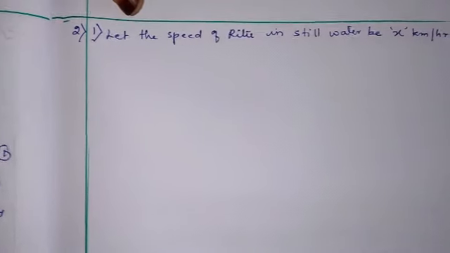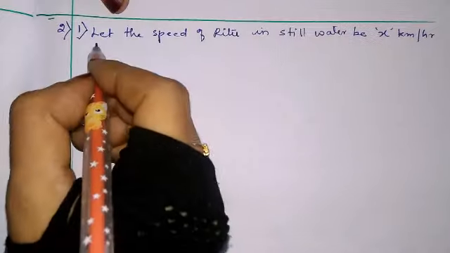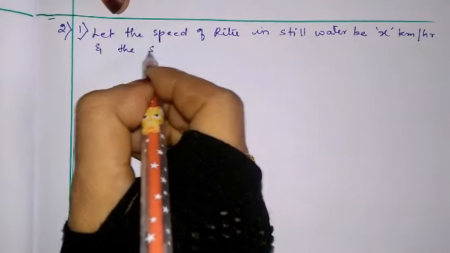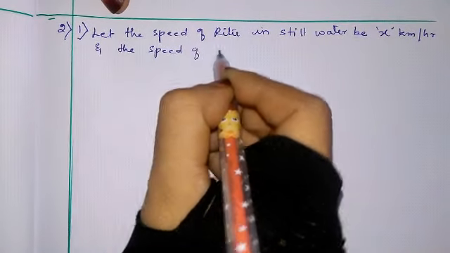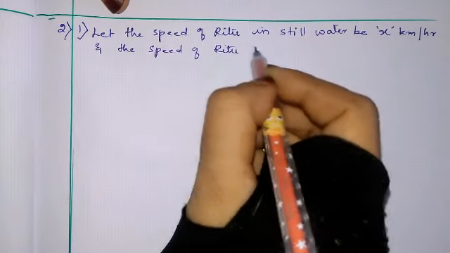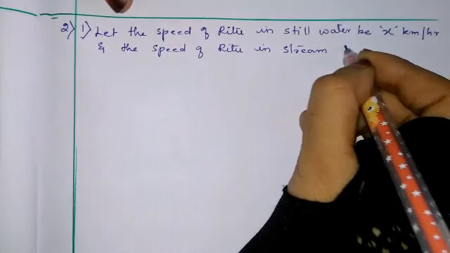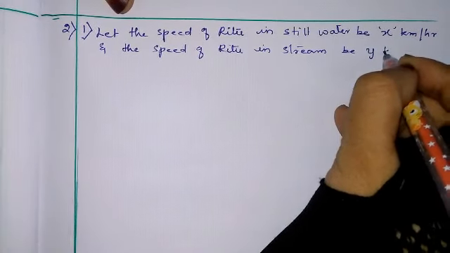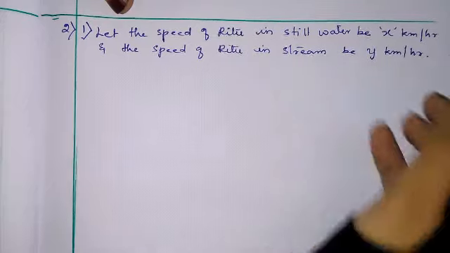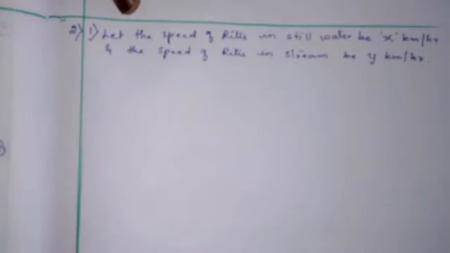Now, the speed of Ritu in current water, that is stream, be y kilometer per hour. This is about the speed of Ritu.